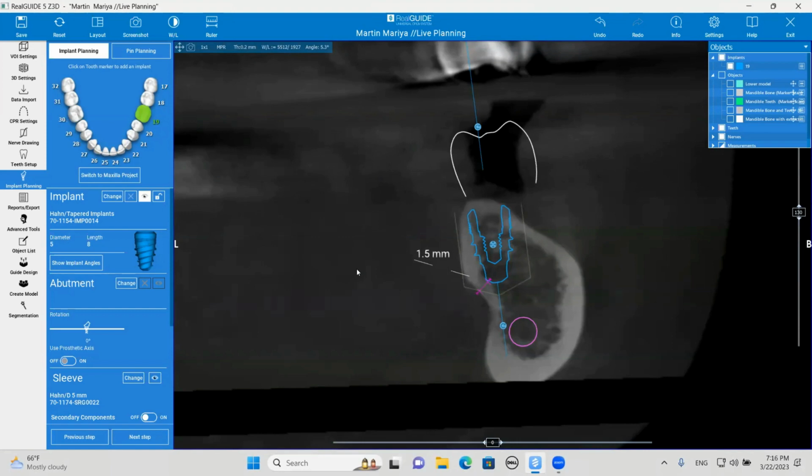So that leads us to the next problem, which is the width. Do we have enough buccolingual width to place this implant? If we look at number 19, the mesial distal diameter of a lower first molar is usually between 10 and 11 millimeters.